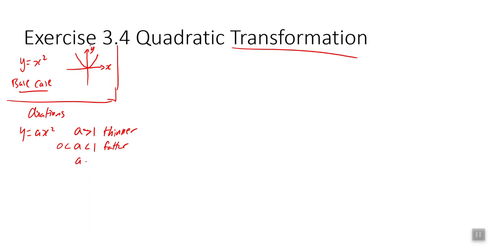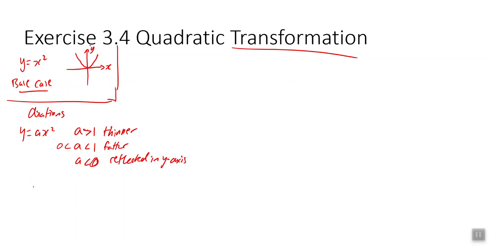If a is less than 0, it's reflected in the x-axis, and it can still become fatter or thinner depending on how far from 0 it is. For example, if a is -2, then it becomes thinner, but also reflected.